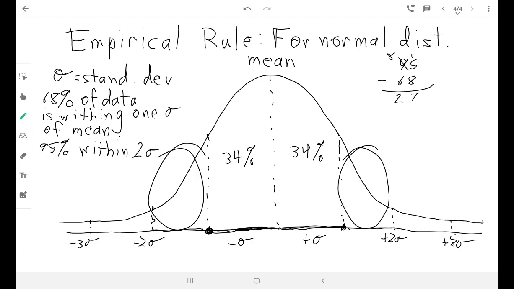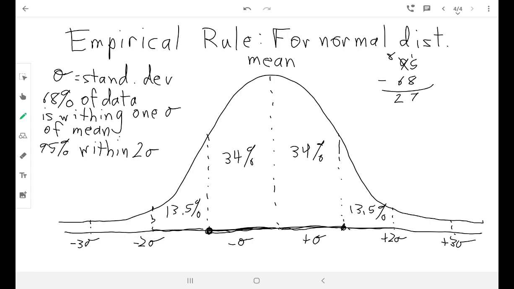So we have to cut that up into 2 pieces here. So 27 divided by 2, half of 27 would get you 13.5% in each slot here, right?